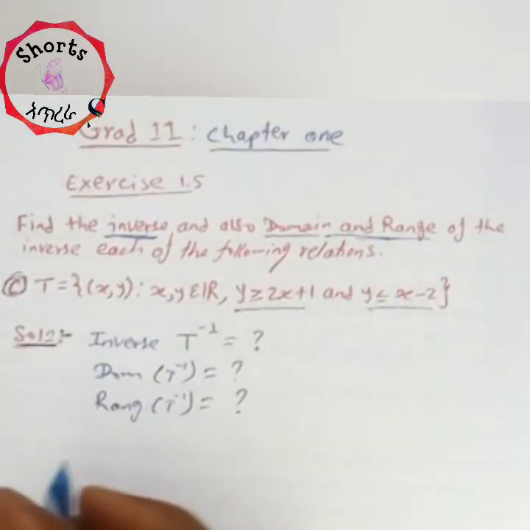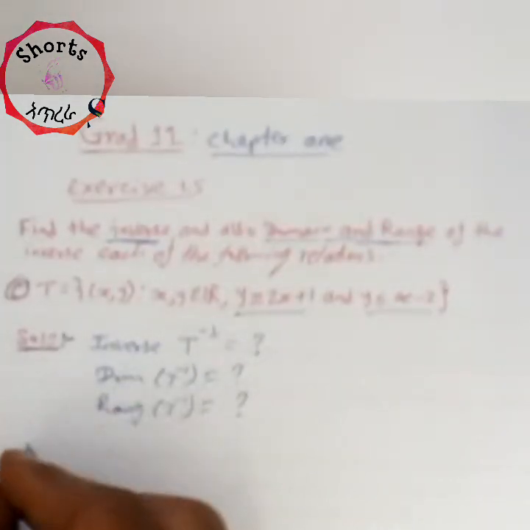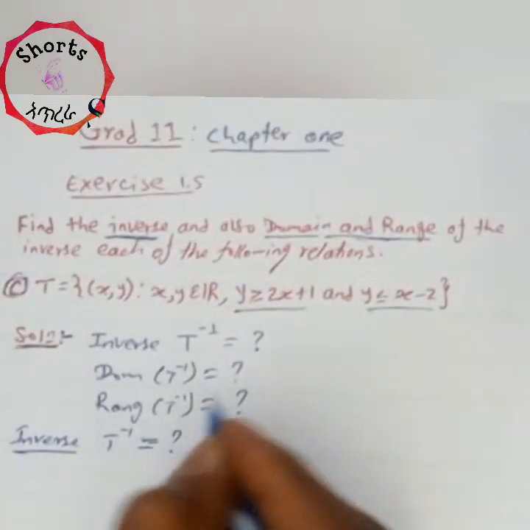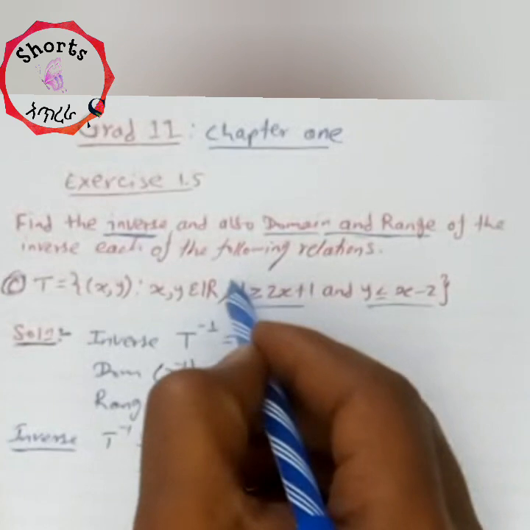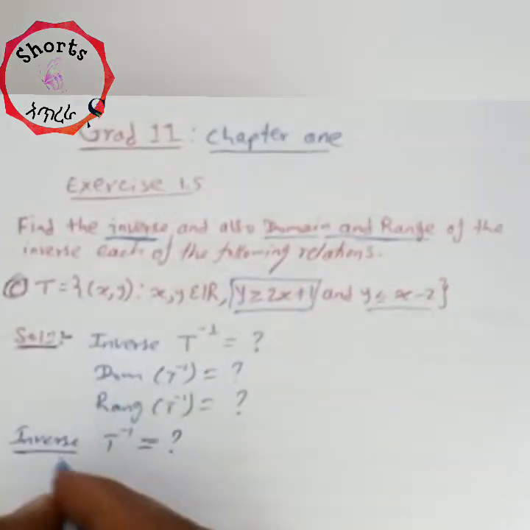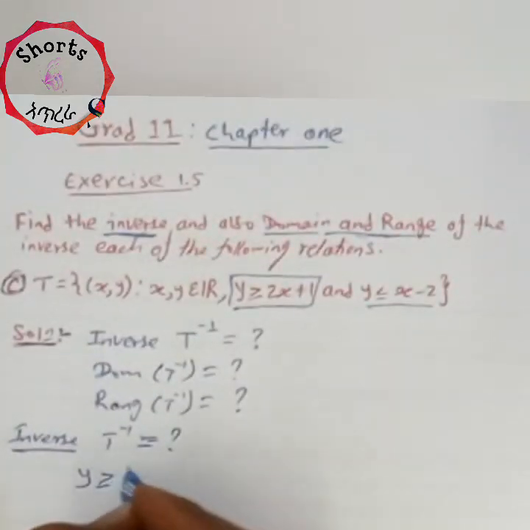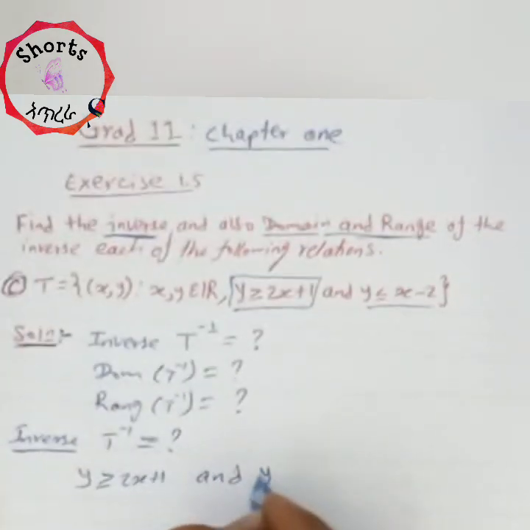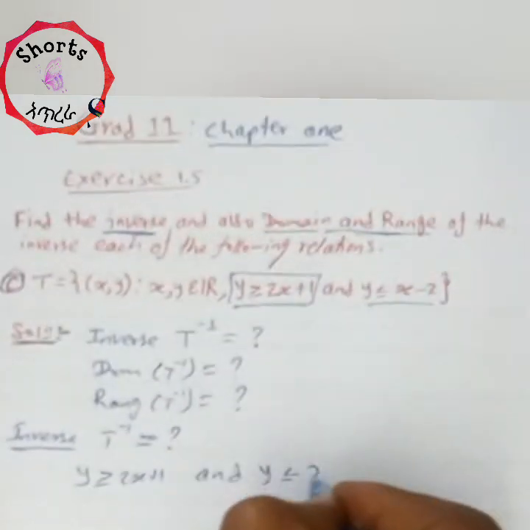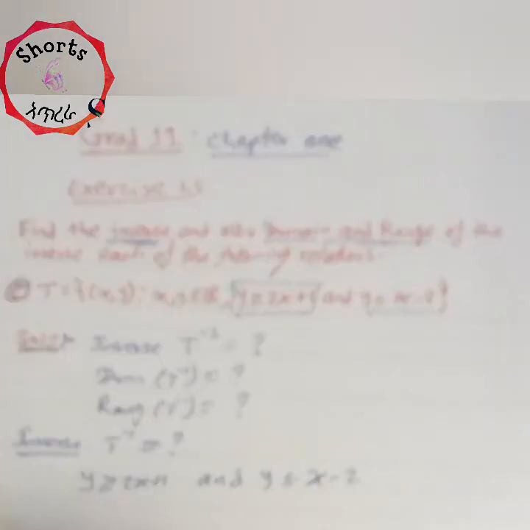First, let us find the inverse of the relation T. To find the inverse of T, we consider the inequalities y greater than or equal to 2x plus 1 and y less than or equal to x minus 2.